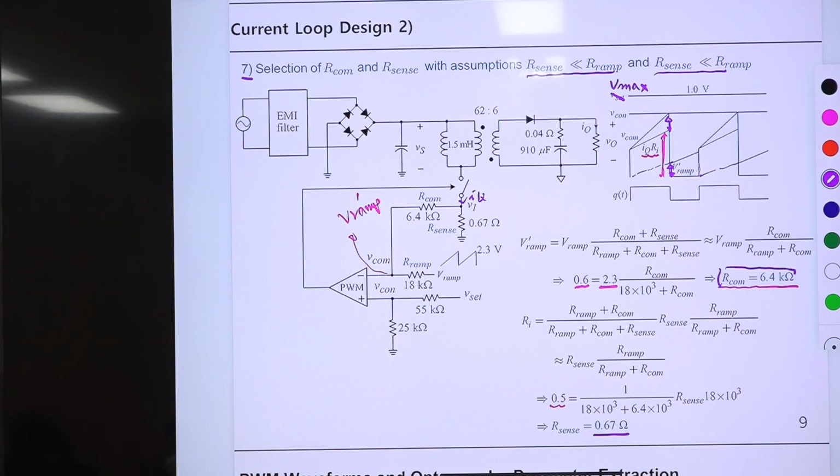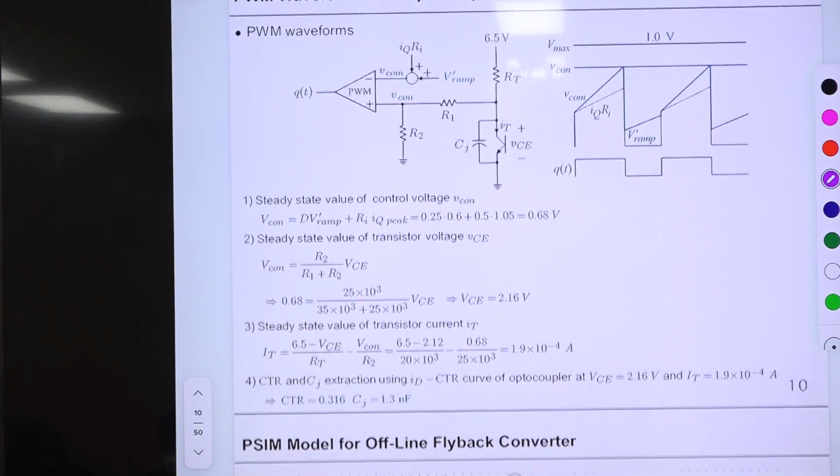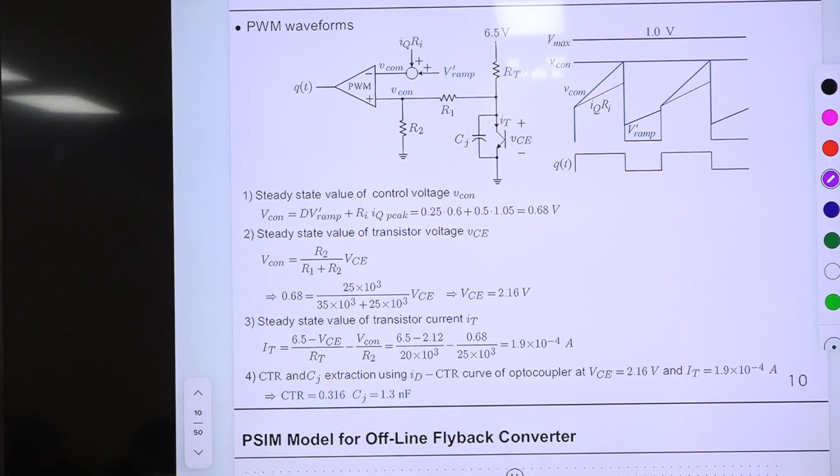So you finish the design. This is the desired or final value of Rsense and Rcom. Very straightforward. This is just the application of Ohm's law. And you should design two optocoupler parameters.